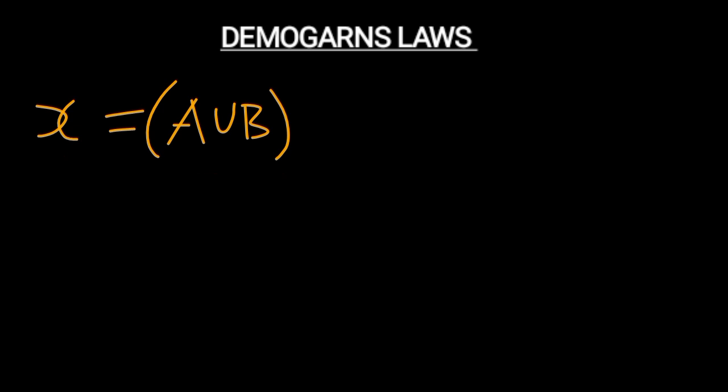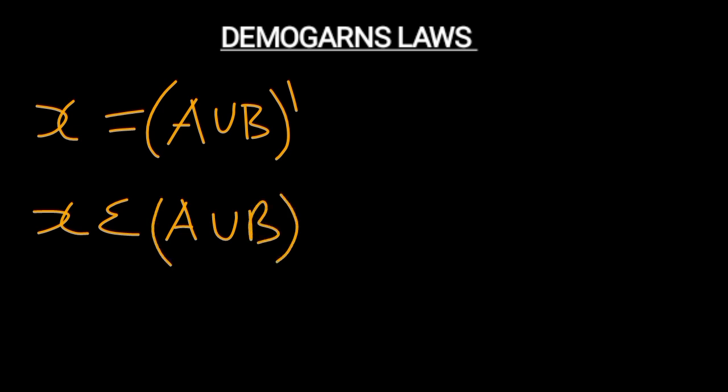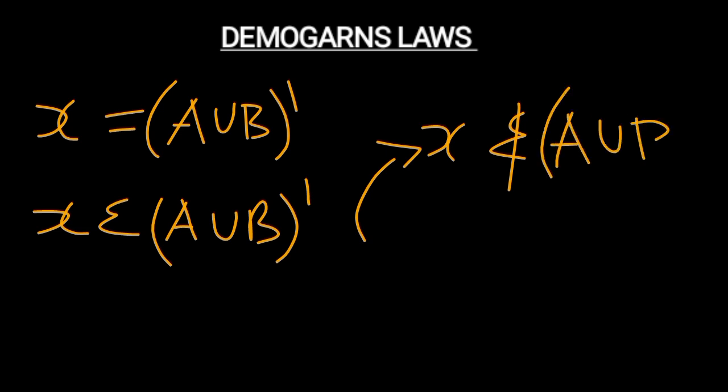So x is a member of A union B, and then we have a complement. Now if we have x is a member of A union B in bracket and then a complement, it means that x is not a member of this set A union B without a complement.